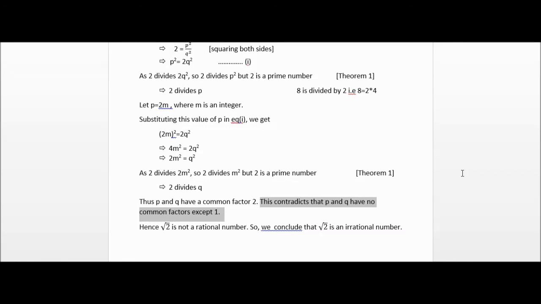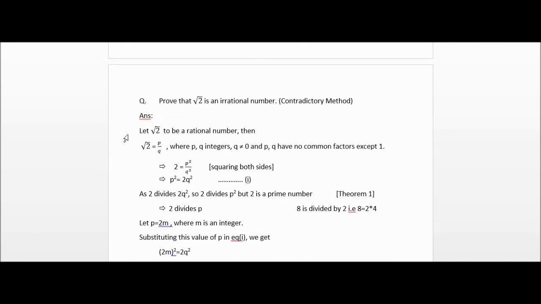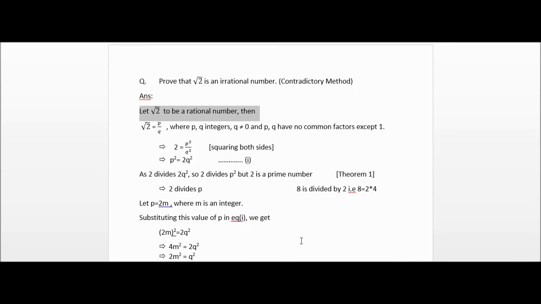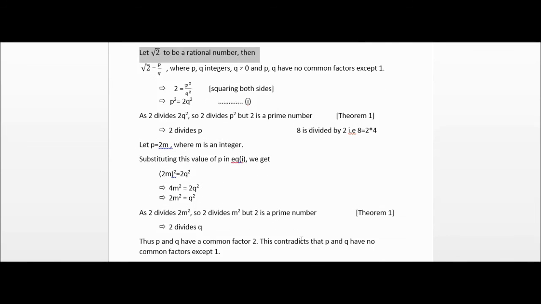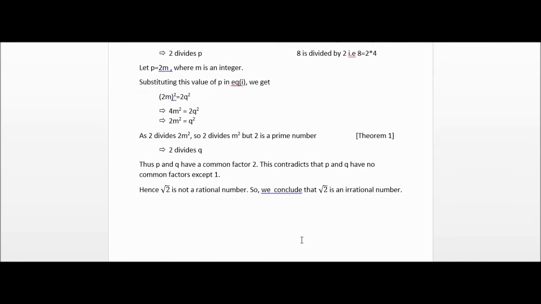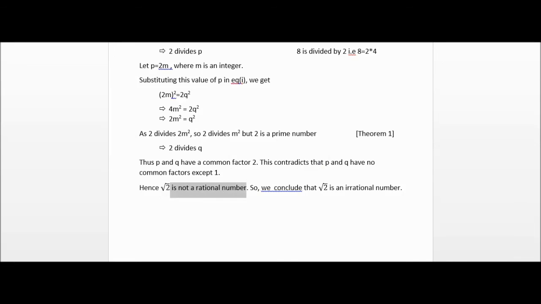So our consideration that root 2 is a rational number is totally false, it is not possible. That's why, using the contradiction method, we have proved that root 2 is not a rational number. A number which is not rational will definitely be irrational. So we conclude that root 2 is an irrational number.